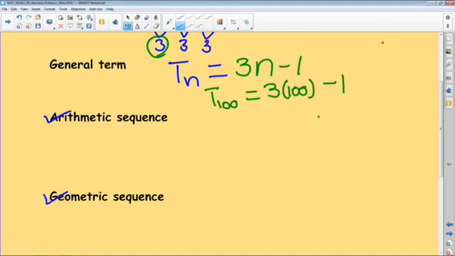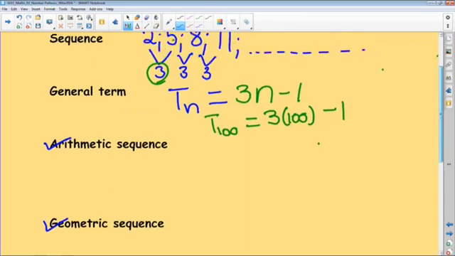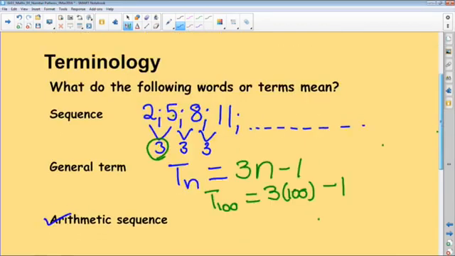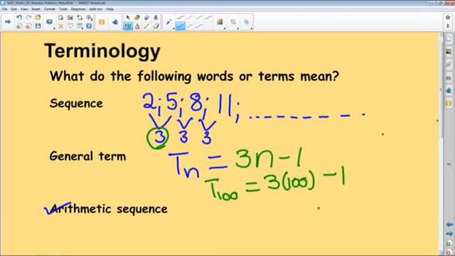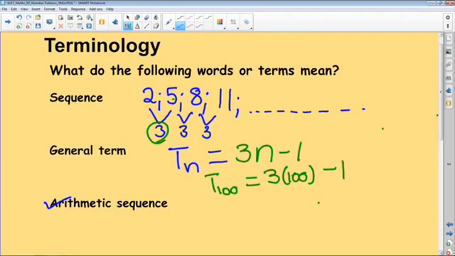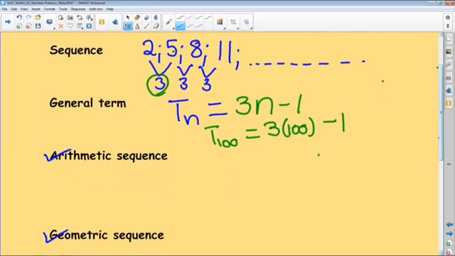Like the one that we just looked at, 2, 5, 8, 11, okay? And what we notice here is that there's a difference of 3. So if I take term number 2 minus term number 1, I get a 3. Term 4 minus term 3, I get a 3. So we call that a constant first difference. So for your arithmetic sequence, it will have a constant difference.